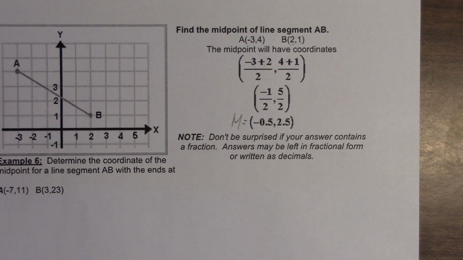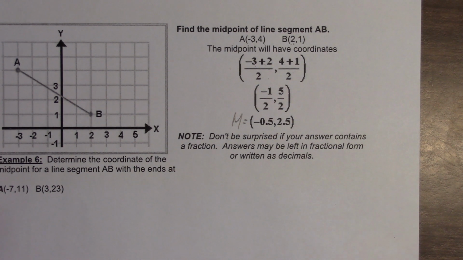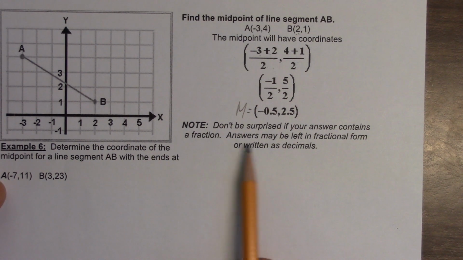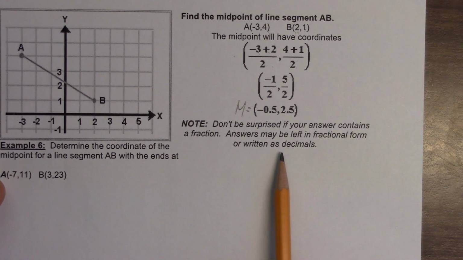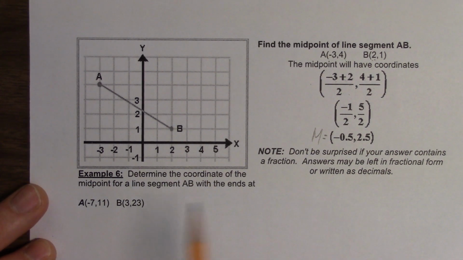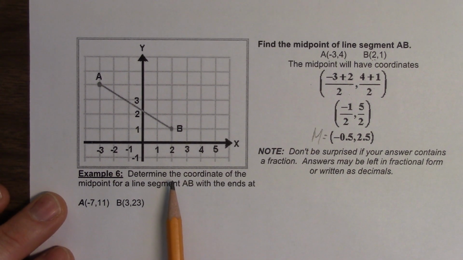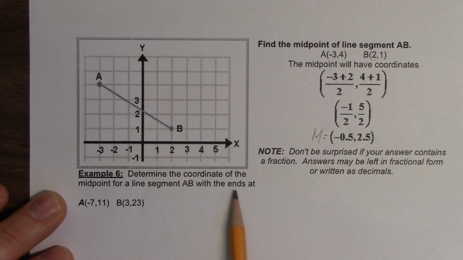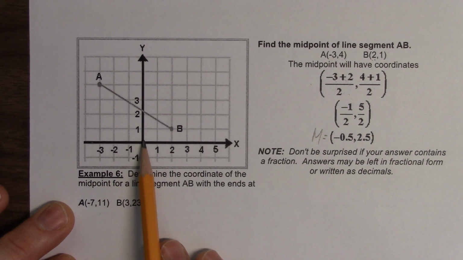Okay, so it's very similar to the slope calculation. You're just adding the addition of a starting point, right? So don't be surprised if your answer contains a fraction. Answers may be left in fractional or written as decimals. As I said, you can do either or. Okay, but here's our example. Determine the coordinate of the midpoint of a line segment AB with the ends at A, negative 7.